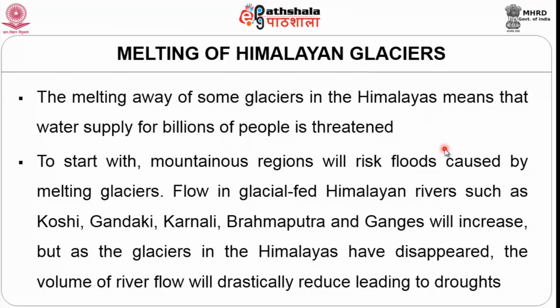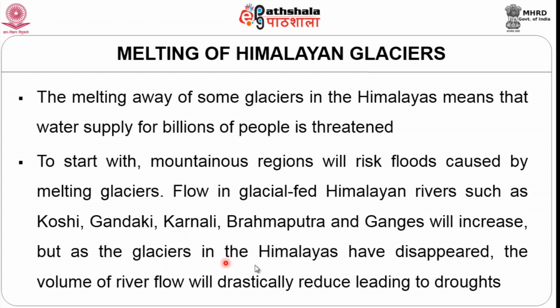The Himalayan glacier melt is considered one of the major aspects of climate change. Billions of people depend on the Himalayas for irrigated agriculture. To start with, mountain regions will risk floods caused by the melting glaciers. Flow in glacial-fed Himalayan rivers such as Kosi, Gandaki, Karnali, Brahmaputra and Ganges will increase.